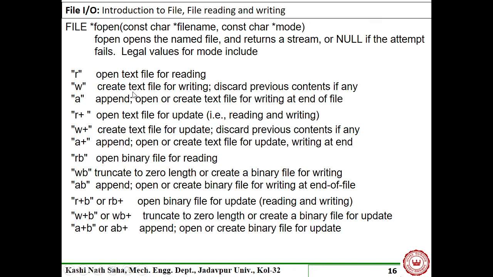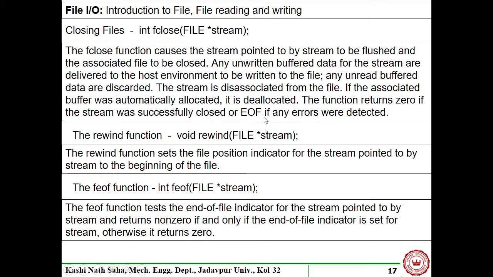So whatever data is there, that will become overwritten. For append, it will open or create a text file, writing at the end of the file. So for every file after creation, or if it is already there, the file contains a signature of this end of file, known as EOF.